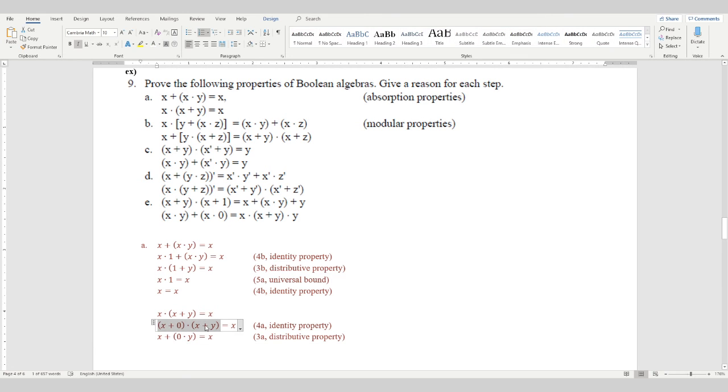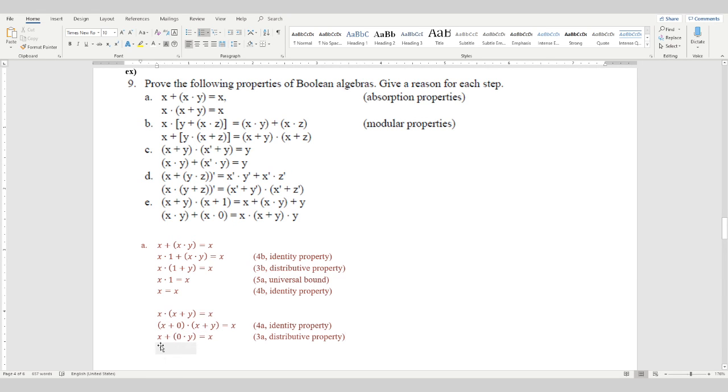So now we have x plus 0 times x plus y. Oh no, I'm going backwards. The x turned into this. But now we are using the distributive property to say that this is the same as x plus 0 times y.